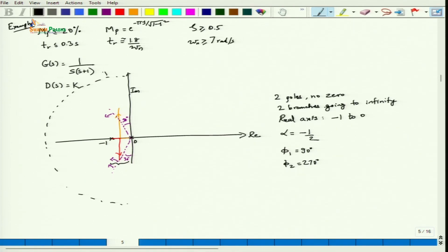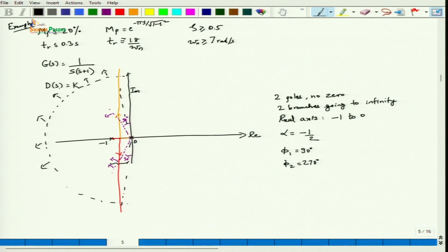So it will be beyond this semicircle. If you go on projecting these lines ahead, what you will see is when it crosses this semicircle, the angle here is much smaller than the 30 degrees we intend.